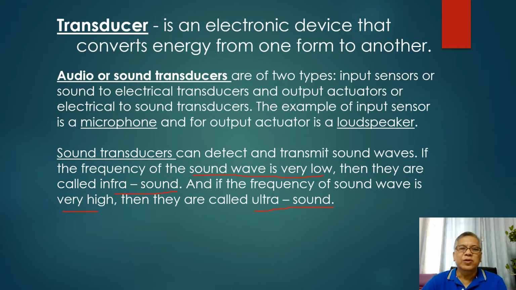So these are the two types of audio or sound transducers. One again is the input sensors or sound to electrical transducer, and the other one is the output actuators or electrical to sound transducers.